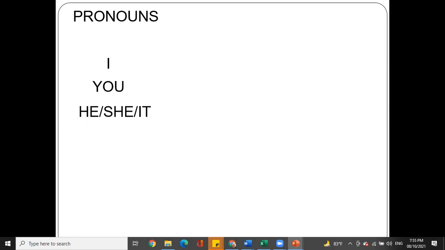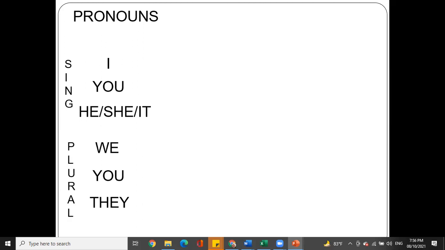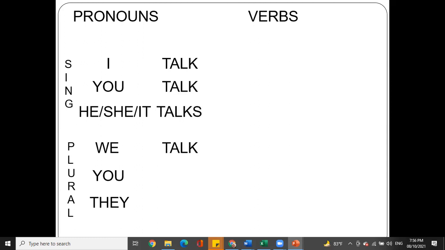That third person singular is the only time you add s or es. We is first person plural, you is second person plural, they is third person plural. Let's isolate a verb like talk. The only time you add s or es is under he, she, or it.